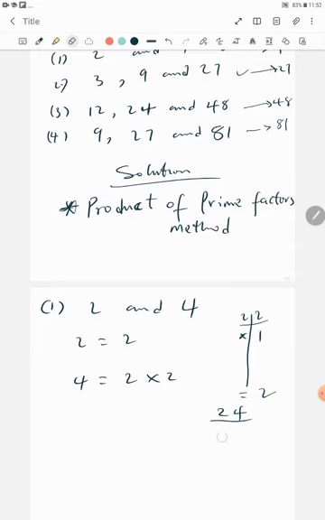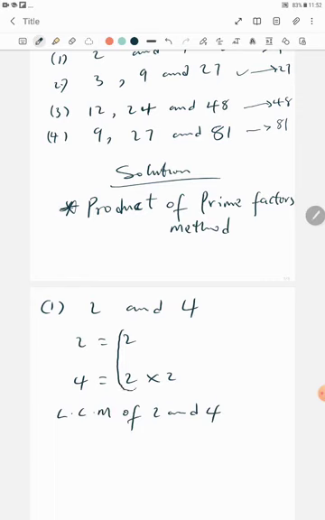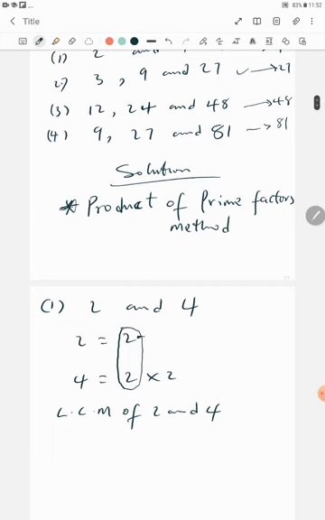Now, let's look at how you bring out your LCM from this. We say the LCM of 2 and 4. In this situation, you have to group the numbers that repeat themselves. You can see that in 2 we have this 2, and in 4 we have these 2.